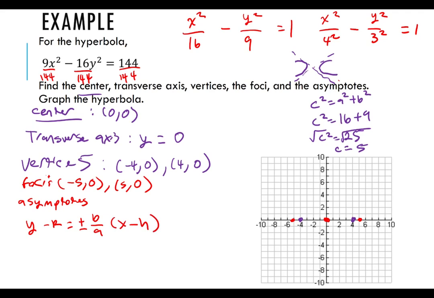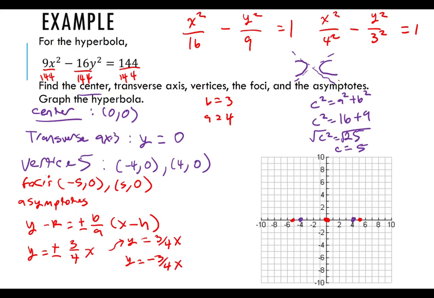Well, h and k are 0, b is 3, and a is 4. And so then we have that y is equal to plus and minus 3/4 times x. And so specifically one of the asymptotes is y is equal to 3/4 x, and the other one is y is equal to negative 3/4 x. And so those are our asymptotes.